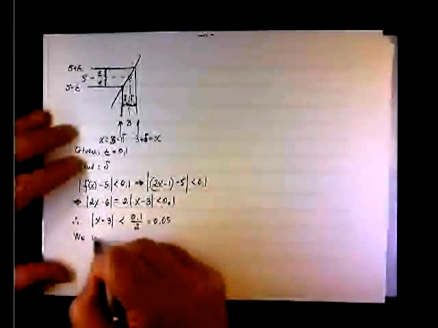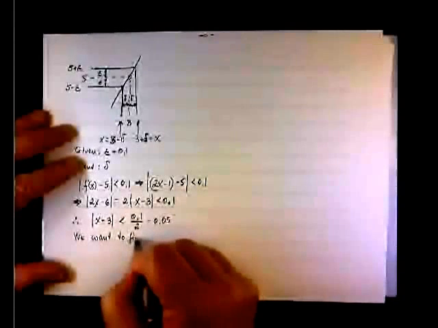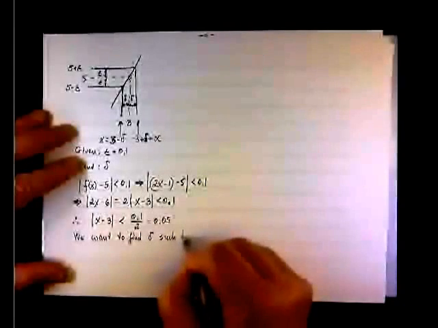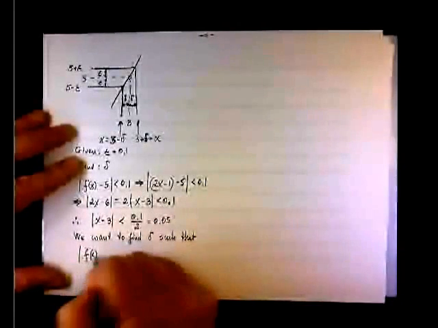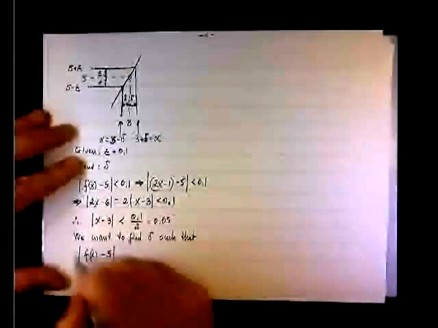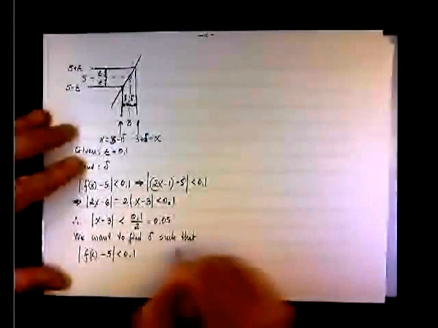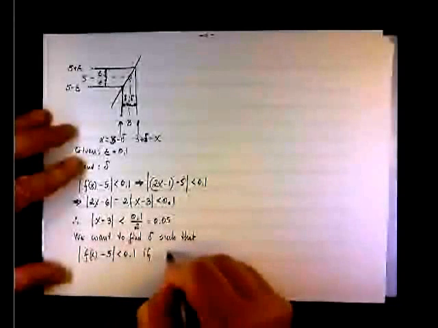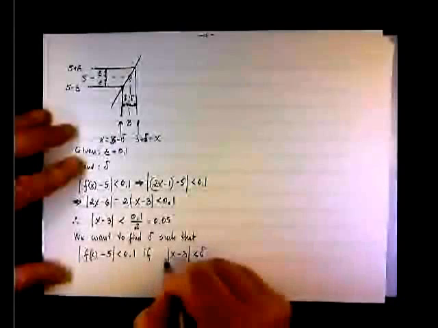Remember what we want. We want to find delta such that the absolute value of f of x minus 5 is less than 0.1. So we want to find delta such that this happens if the absolute value of x minus 3 is less than delta.